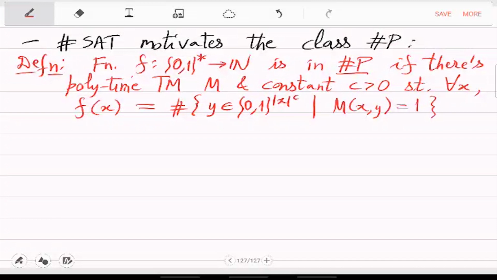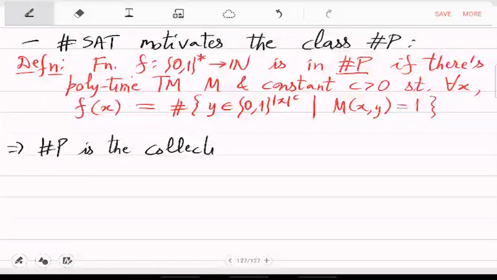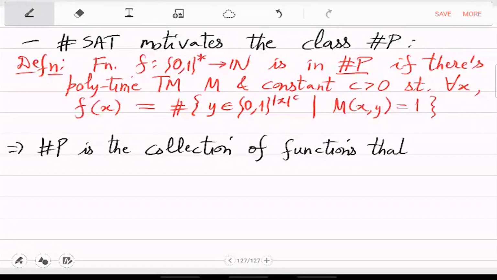So we can write it like this: #P is the collection of functions that count the number of accepting paths of an efficient NDTM.